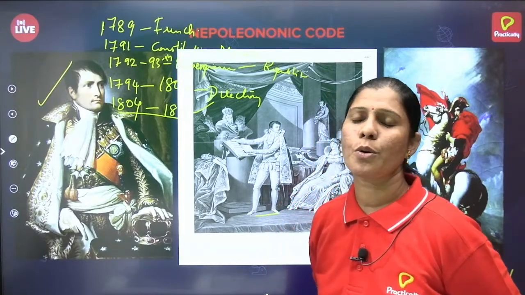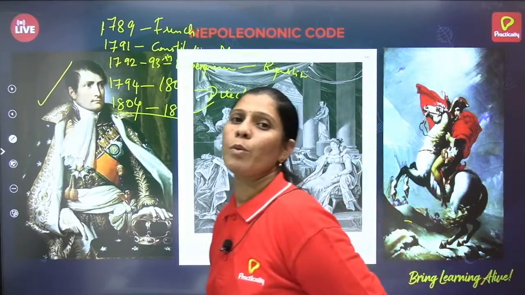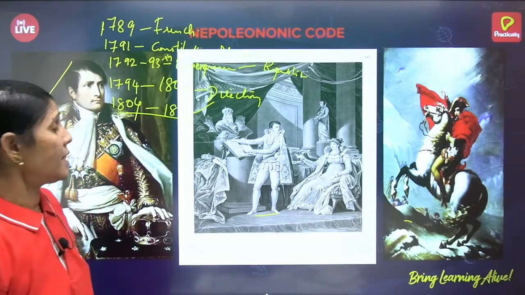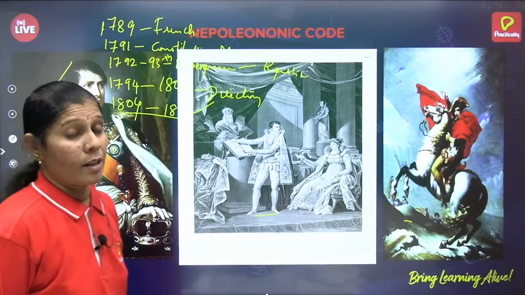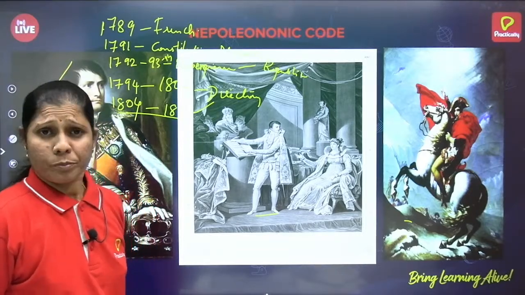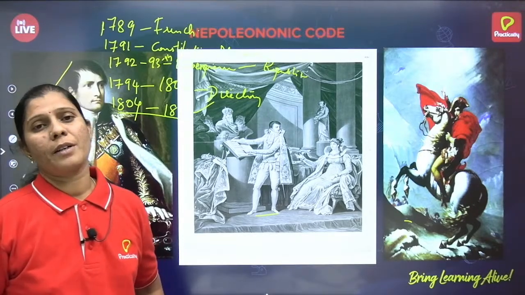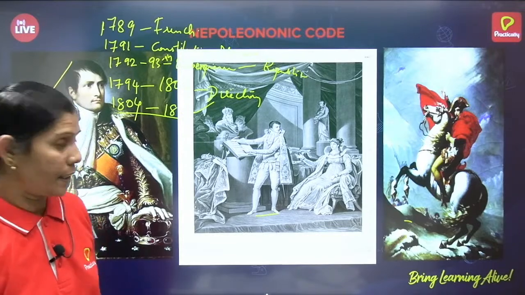His target was to occupy the complete Europe. So through it he wanted to extend different territories in Europe, and in this process he brought some policies, and through some civil codes, he brought some changes. We will discuss this in detail.